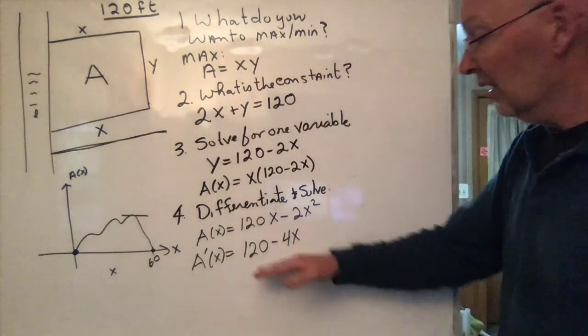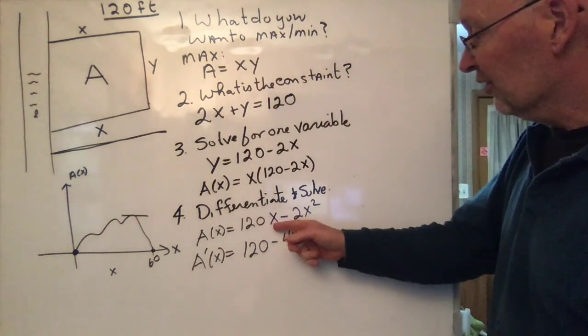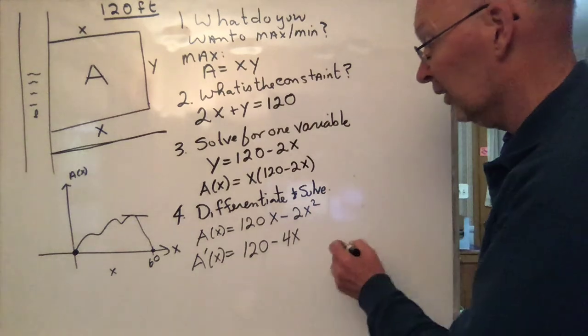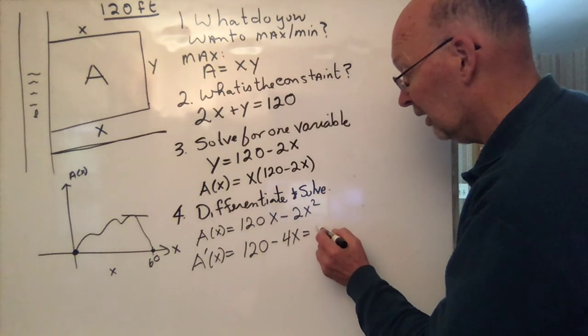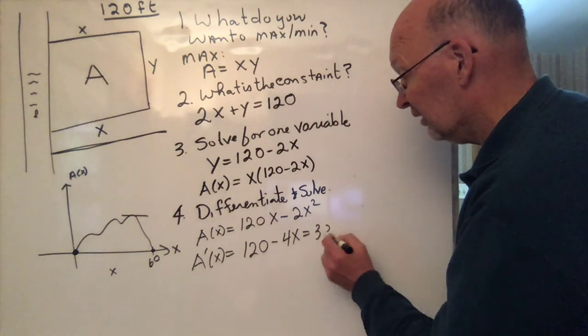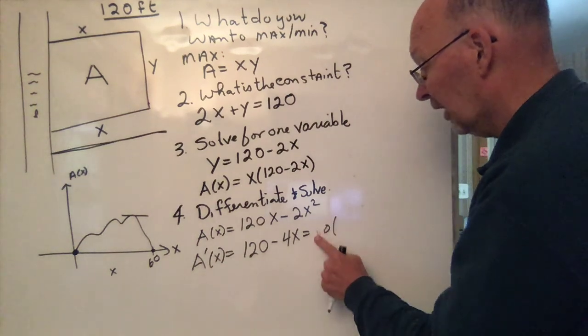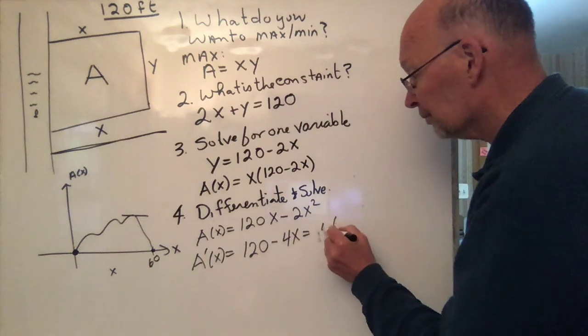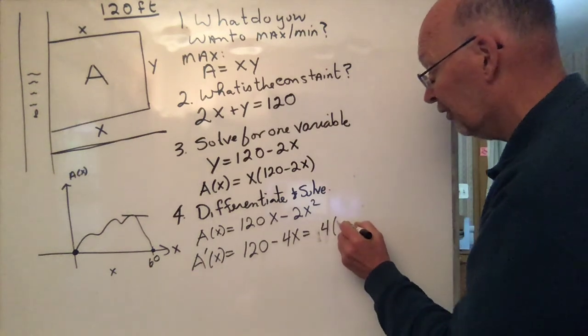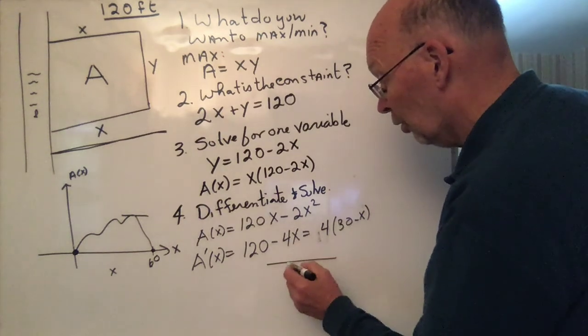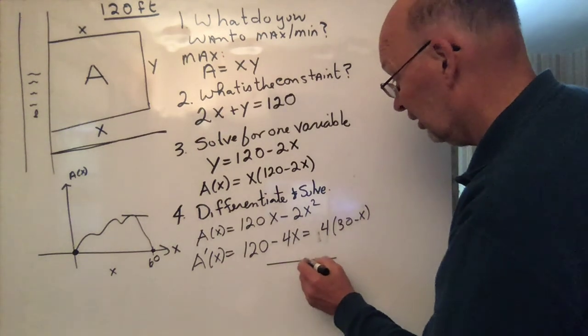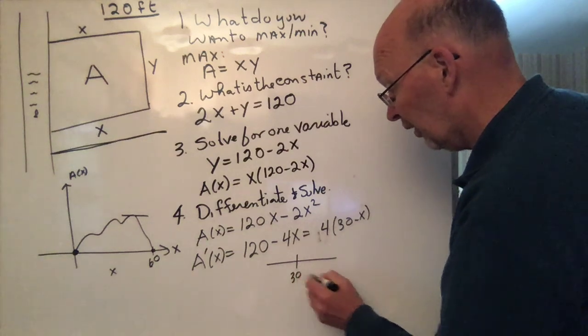There's the derivative. And by the way, if I factor this out, it's going to be 4 times (30 minus x).